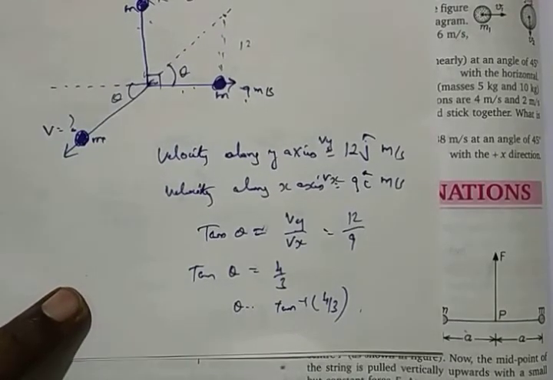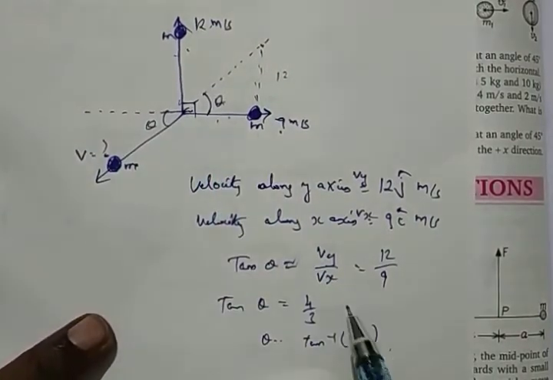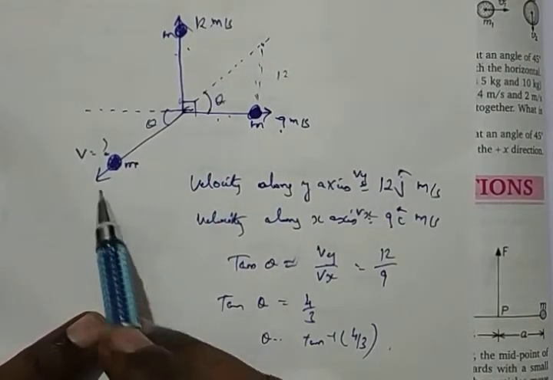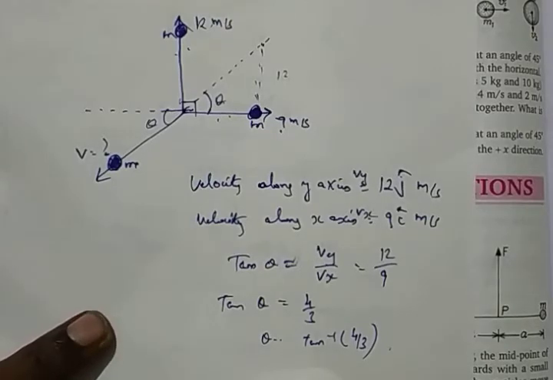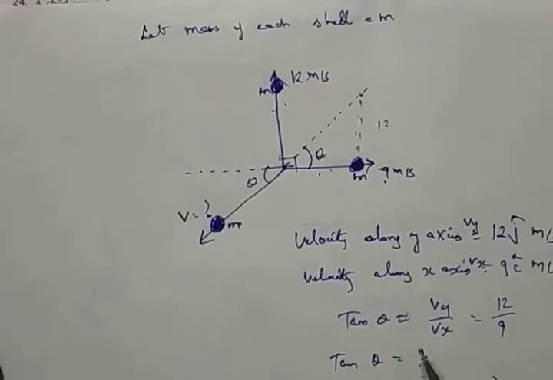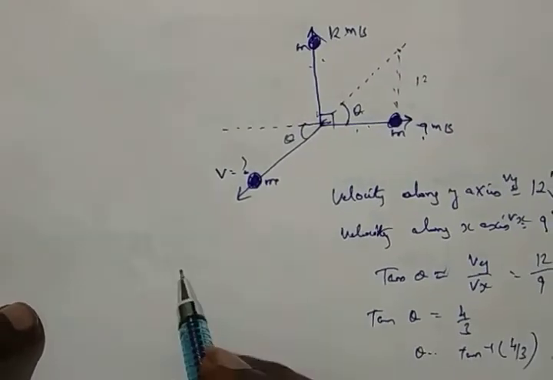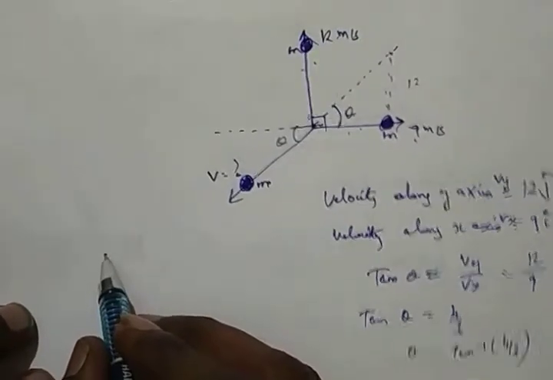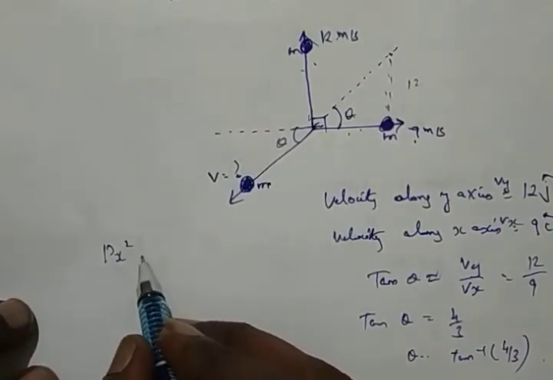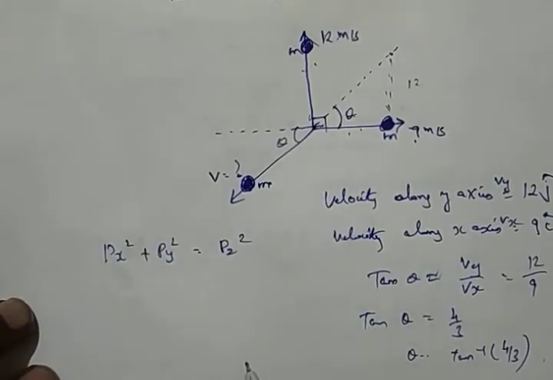The next thing is to find the velocity. How do we find it? The velocity will depend upon the resultant of momentum. So px square plus py square is equal to pz square.